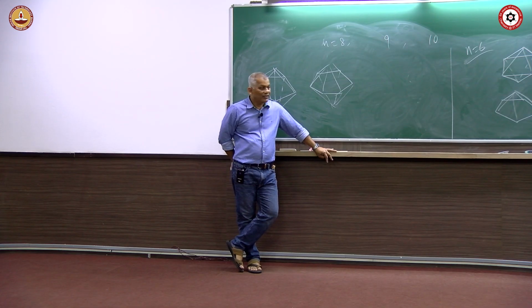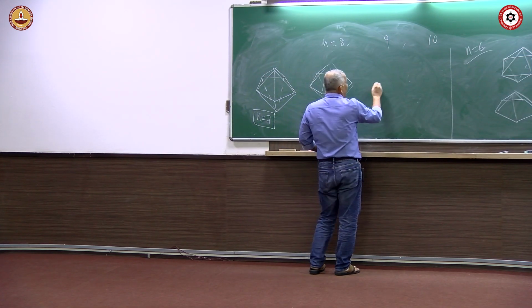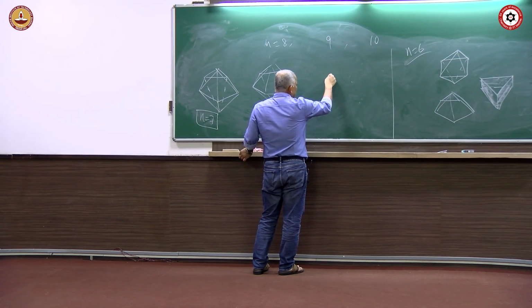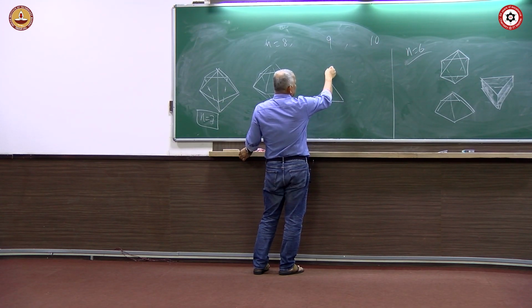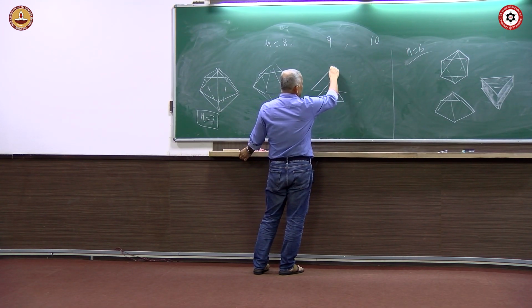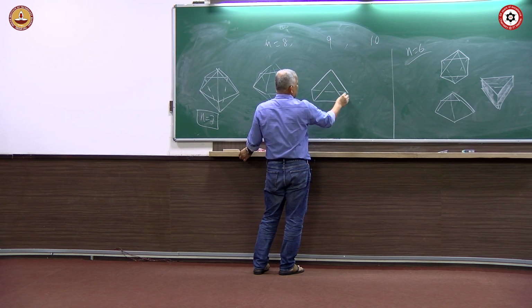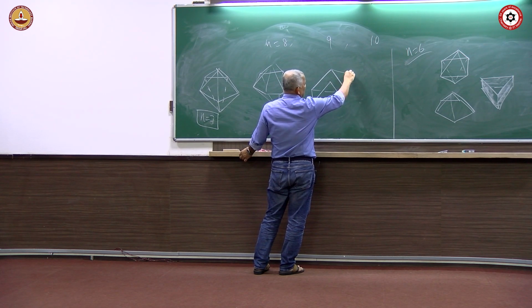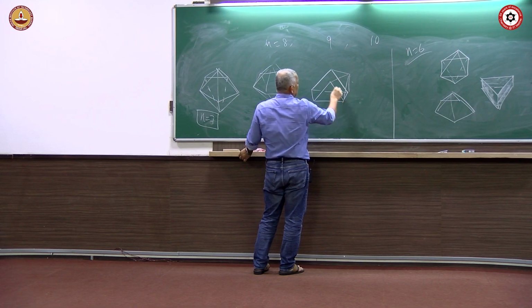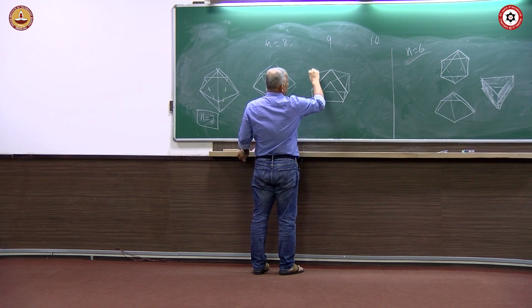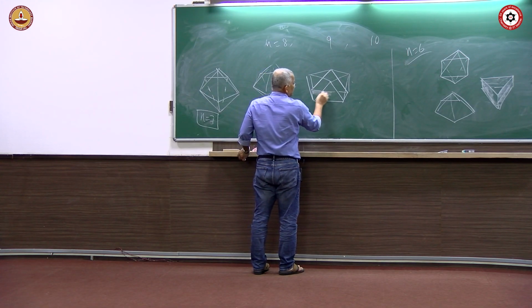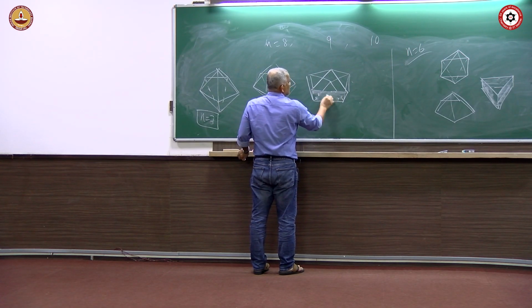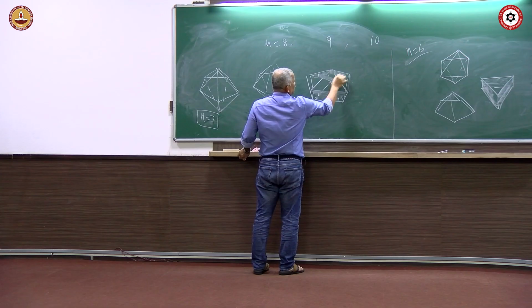Square antiprism, so you have one square here and you also have one square here.